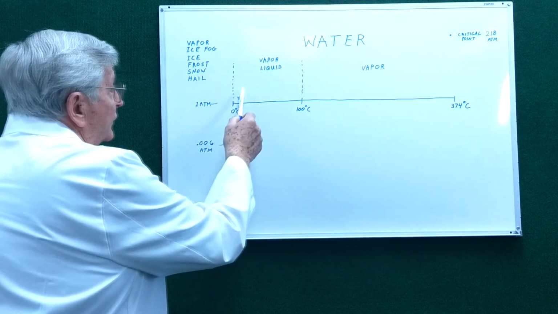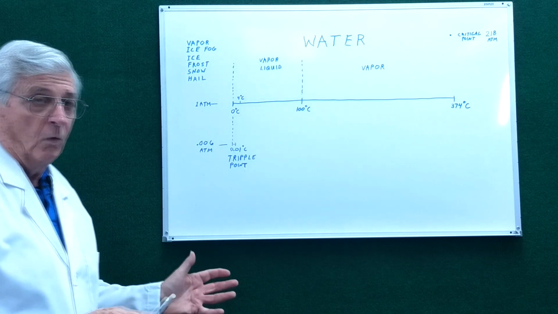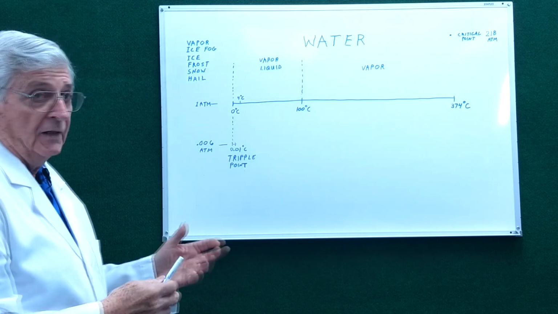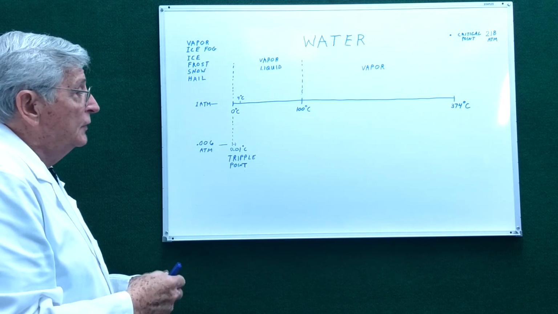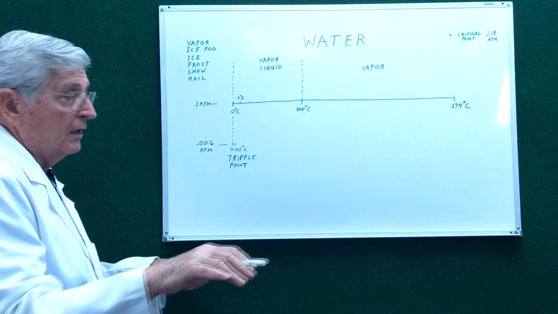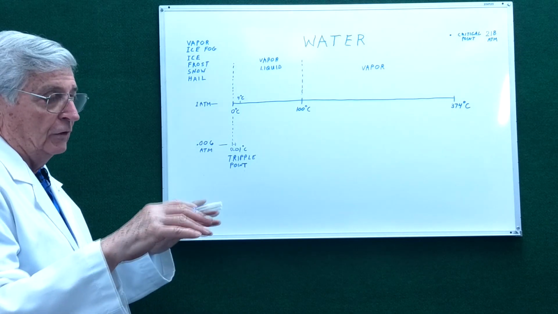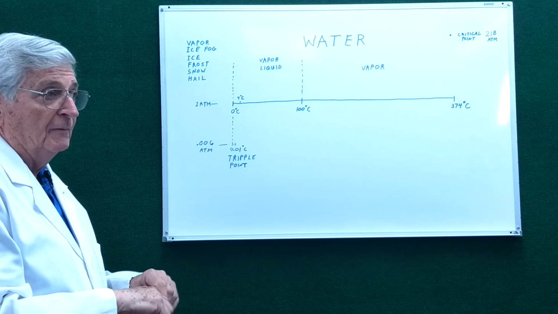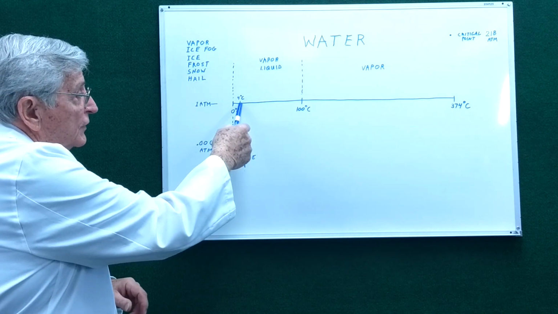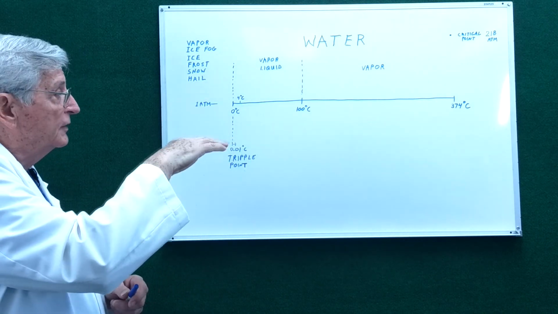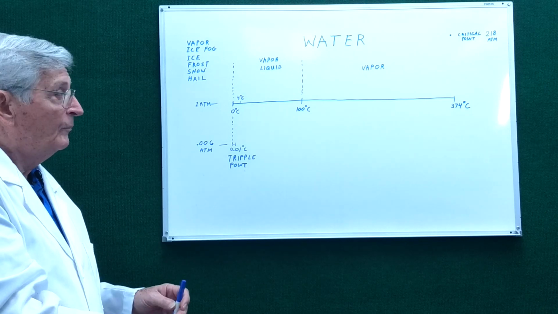Now at 4 degrees C, liquid water reaches its highest density. So if you have a lake and slowly reduce the temperature, when you get to 4 degrees C, the water on the top starts to sink.